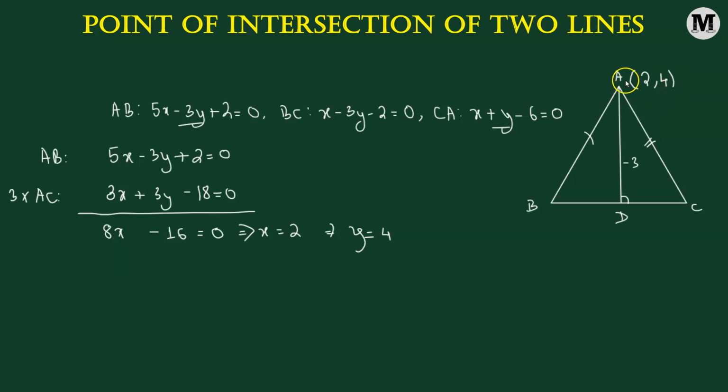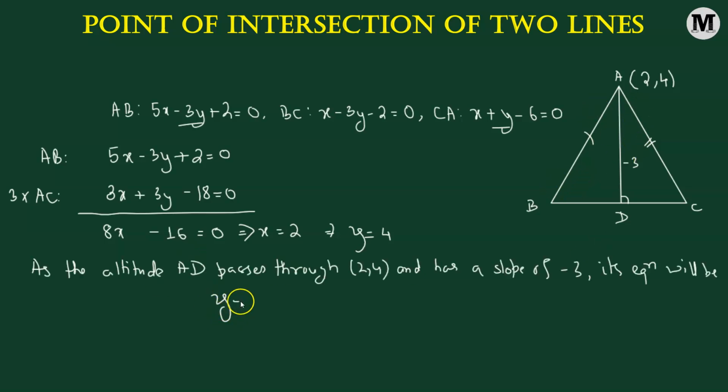Now we have the altitude AD passing through the point 2, 4, and it has a slope of -3. Here we can use the point slope form of a line to obtain the equation of AD. So we need y minus y1, where x1, y1 corresponds to the coordinates of point A. So y1 is 4. That equals the slope, which is -3, multiplied by x minus x1, where x1 is the x coordinate of point A, which is 2.